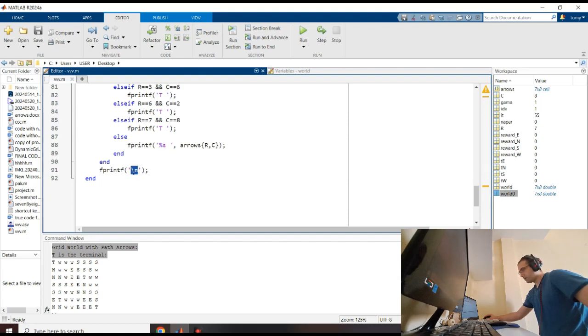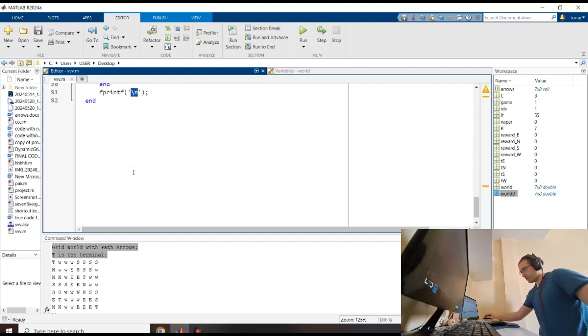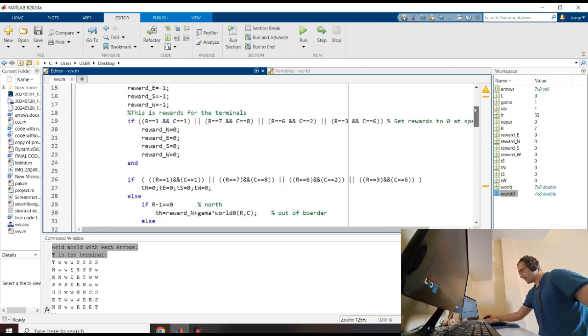And this line of code shows a space between two lines. So this is the code, and that's it.